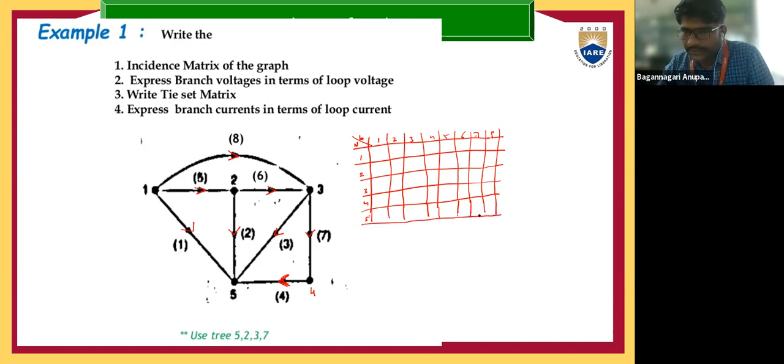Now just write the basic fundamental incidence matrix. What's the equation you can write here? So what about this first branch, branch 1?